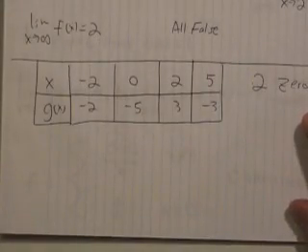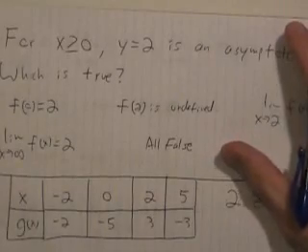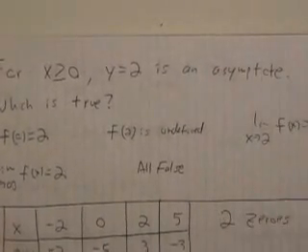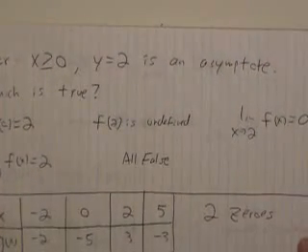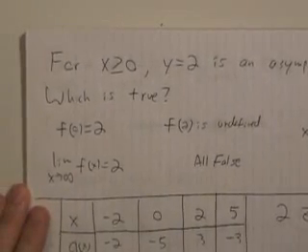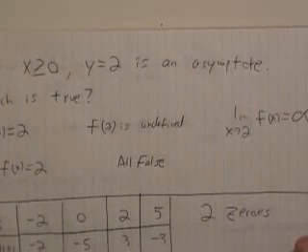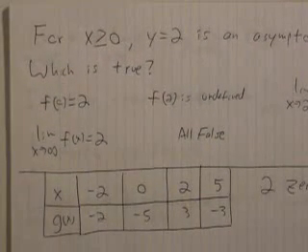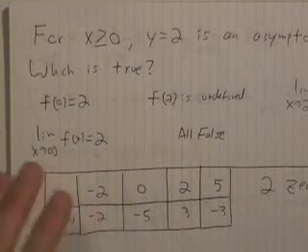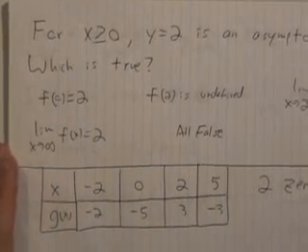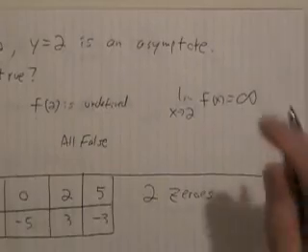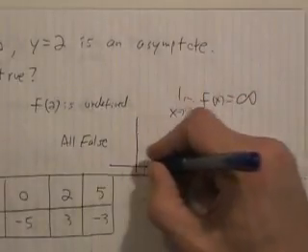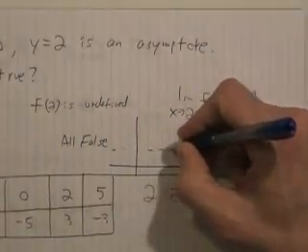Okay, now we got this one coming up. For x greater than or equal to 0, it says y equals 2 is an asymptote, and then it asks which of these are true. Well, if the function has y equals 2 as an asymptote, I'm just going to sketch it in here. Here's 2.